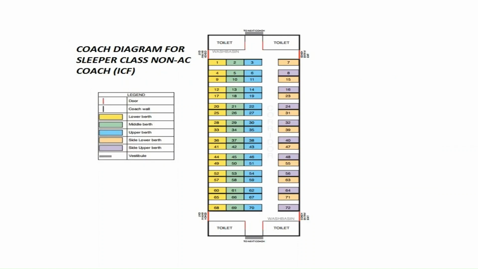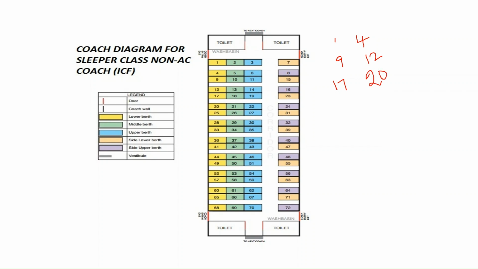So how do we arrive at this logic? It is very simple. There is some commonality between the seat numbers, and once you identify this commonality, the problem solving becomes very easy. First, I'm going for the lower berth. The pattern here is the seat numbers 1, 4, then 9, then 12, 17, and 20.